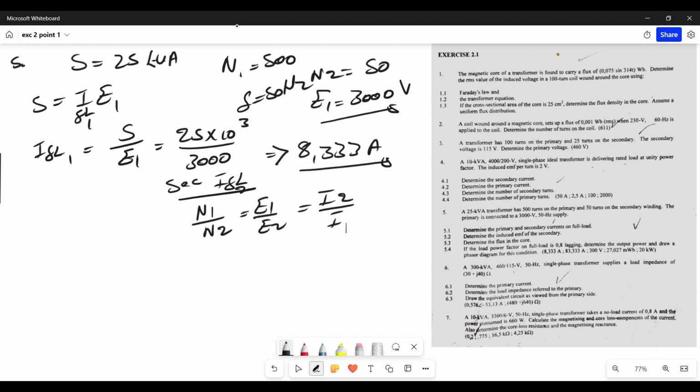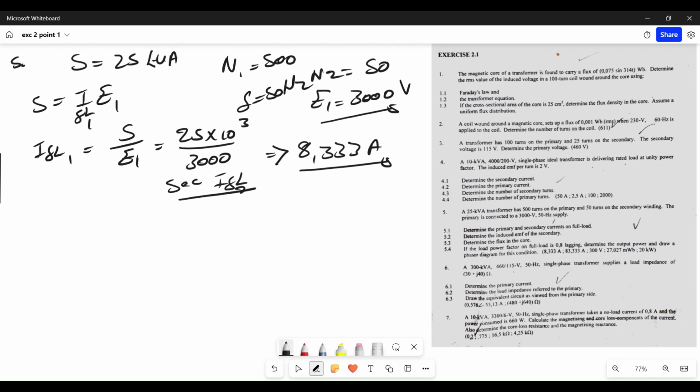So in this kind of question, we can equate N1 over N2 to I2 over I1, because we have the number of turns and we have I1. So we can use that equation.